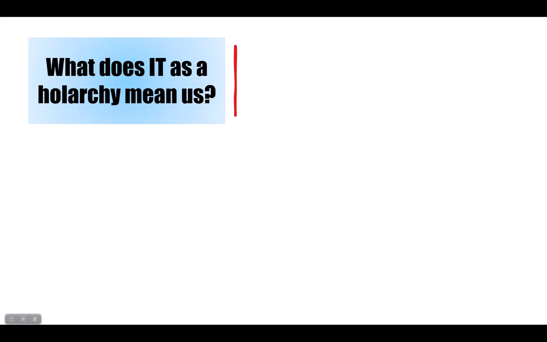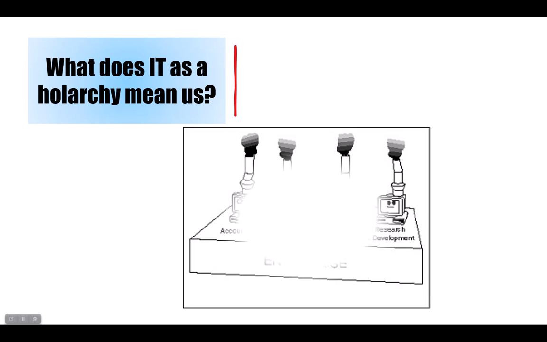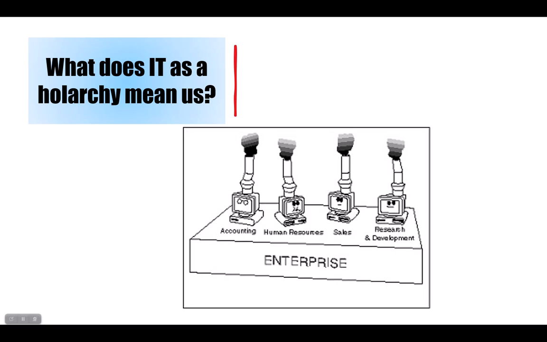Information technology has a specific hierarchy. It's very important. This is not a hierarchy. This is traditional computer technology with its four parts: accounting, human resources, sales, research and development.